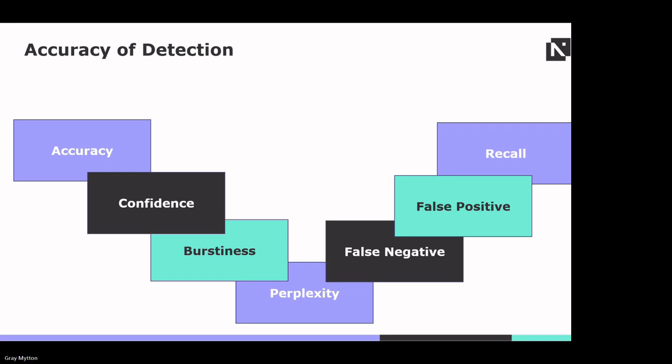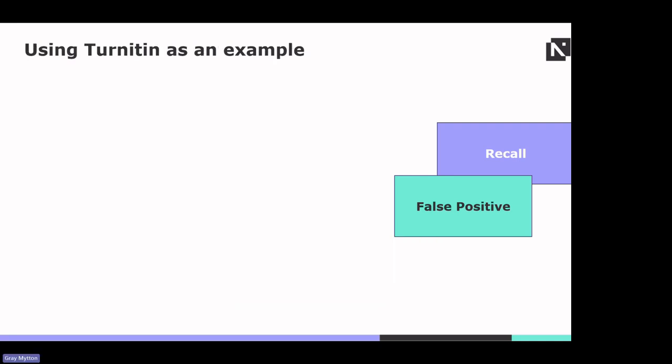So for the next few slides, I'm going to use Turnitin as my example, and I'm going to focus on these two terms, recall and false positive, which is what Turnitin use. I'm doing this for two reasons. One is that Turnitin is the most popular, the most used tool out there, and lots of you are probably using it.